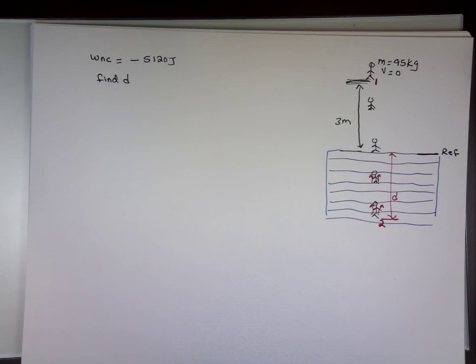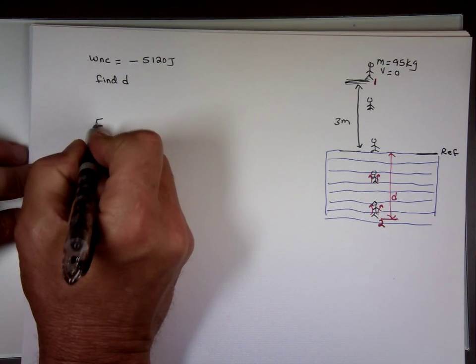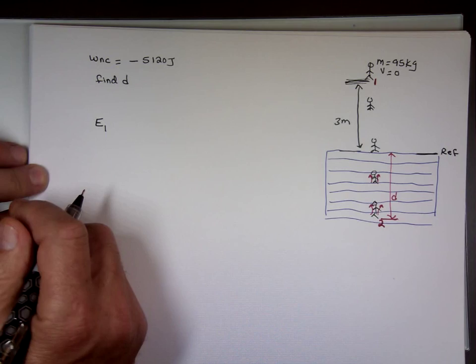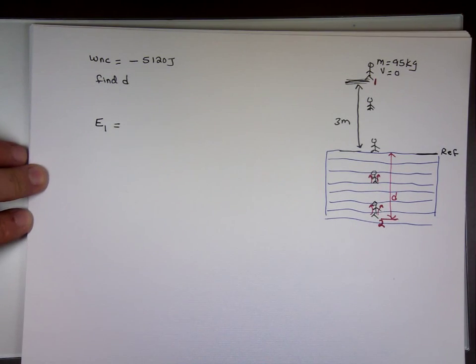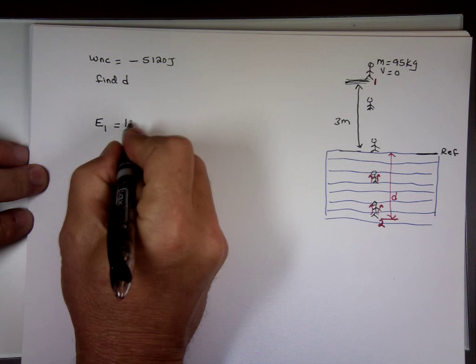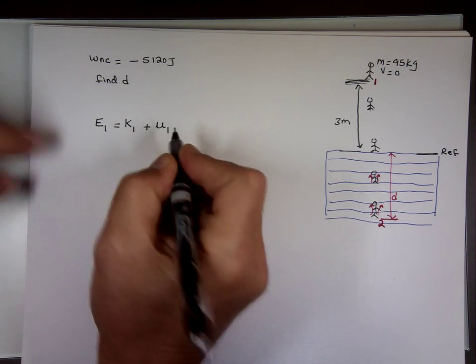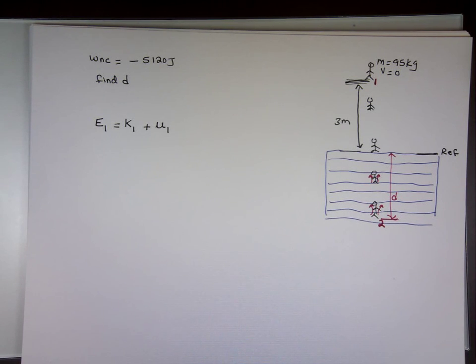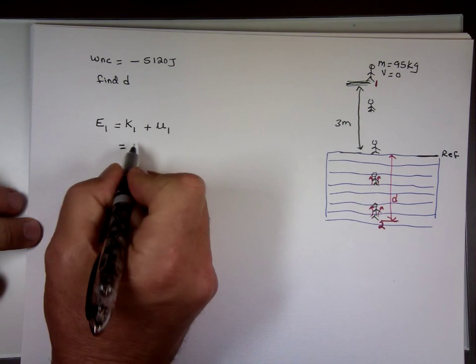Let's see the mechanical energy at 1. When you're standing on that diving board, when you're just standing there, going to step off, we have kinetic energy and we have potential energy. What was your kinetic energy? Your kinetic energy is 1/2 your mass, which is what? 95.